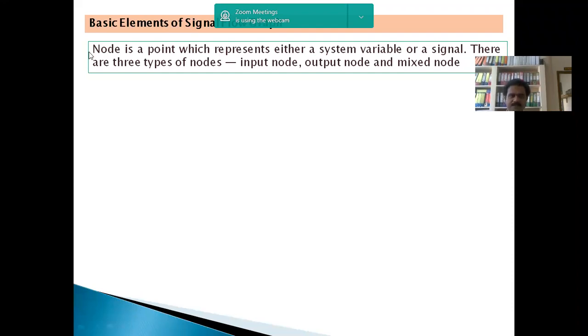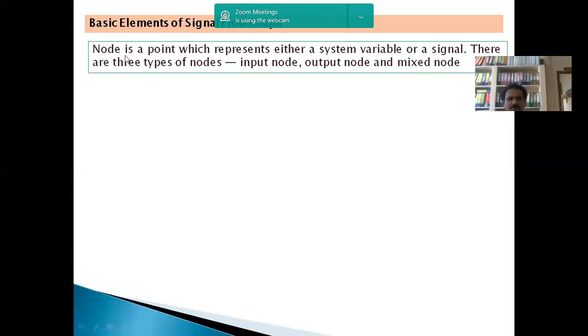The first term is node. Everybody knows this one. A node is a point which represents either a system variable or a signal. A node is a simple junction.